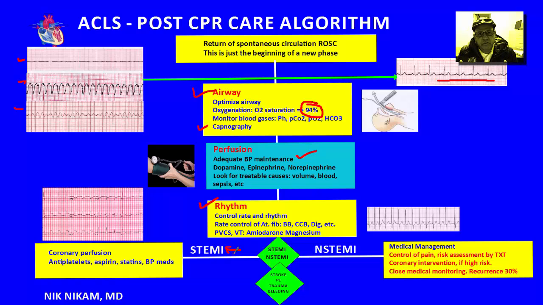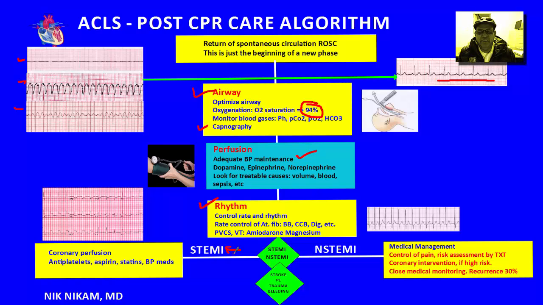So there's a lot of work that needs to be done right after resuscitating a person from a cardiac arrest and getting them into a sinus rhythm. And that is just the beginning. The second phase is more complex. It involves multi-system and multiple specialists, and time is of the essence in most cases like STEMI, stroke, or bleeding.